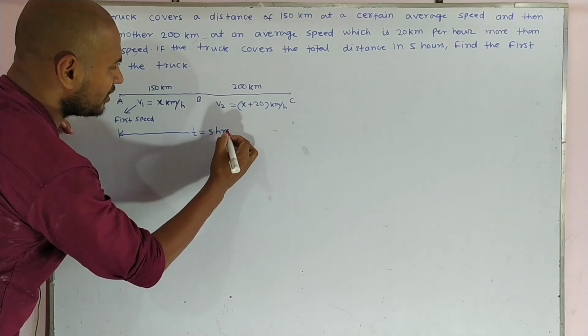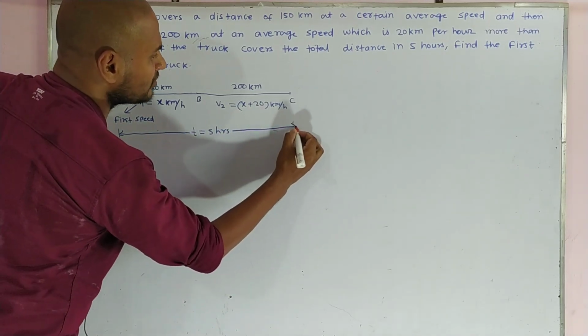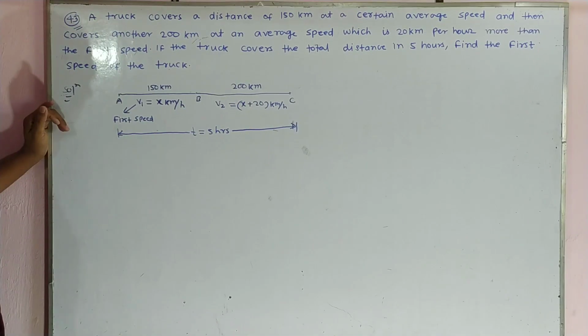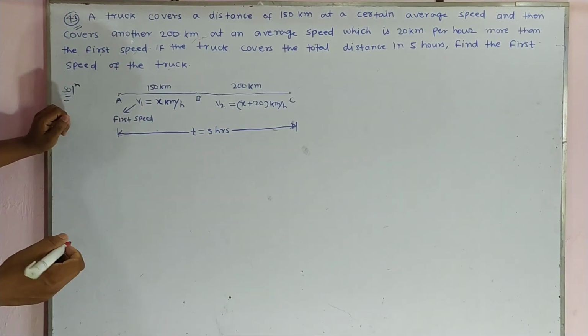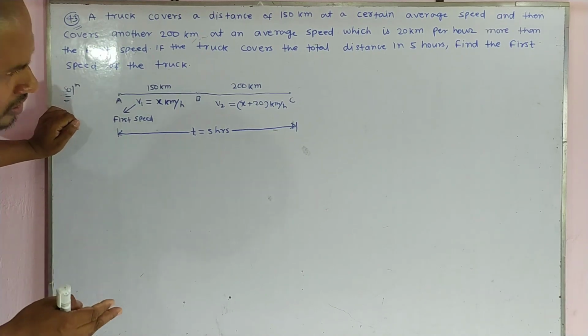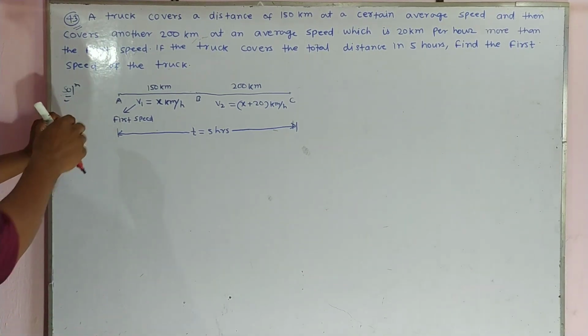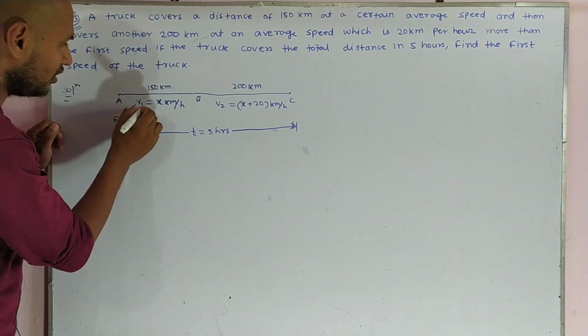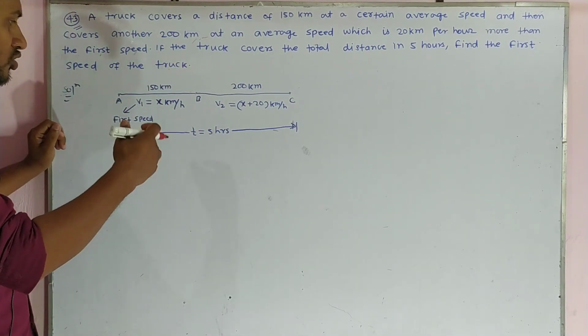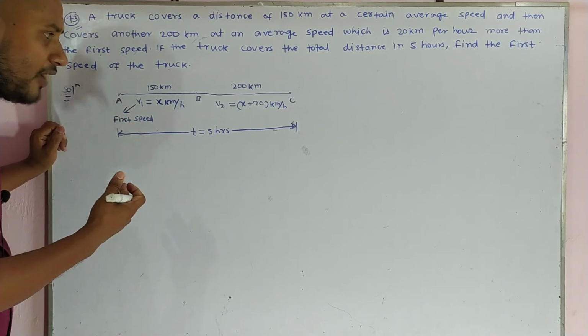The total time taken by the truck to cover the full distance from A to C is T equal to 5 hours. The question asks us to find V1, that is X km per hour, so we have to find the value of X.